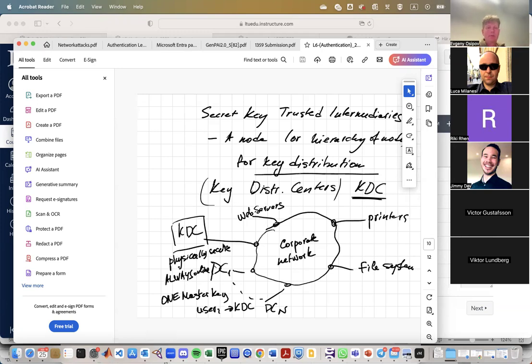The entity which is responsible for the overall security and the overall secure distribution of keys is called a key distribution center, KDC. It's a server, a physical machine that is kept in a protected, physically secure environment, and it is always online. So it facilitates all the communications in the corporate network.